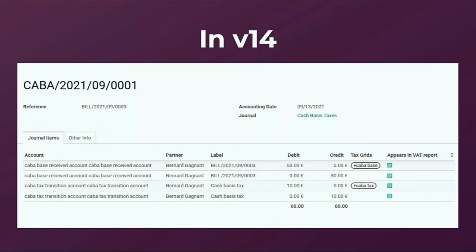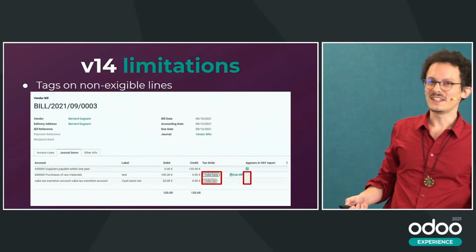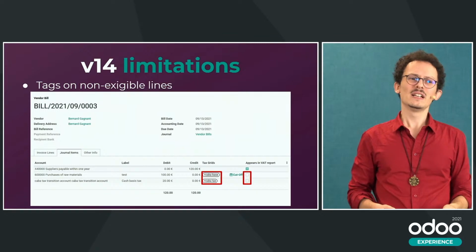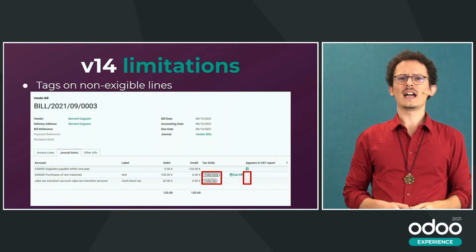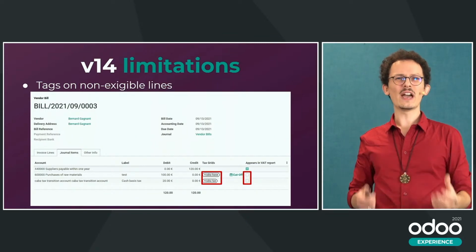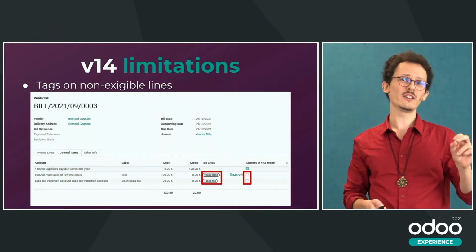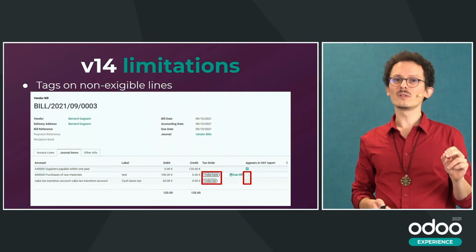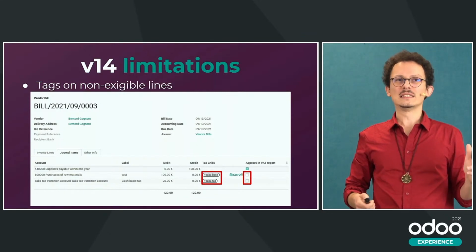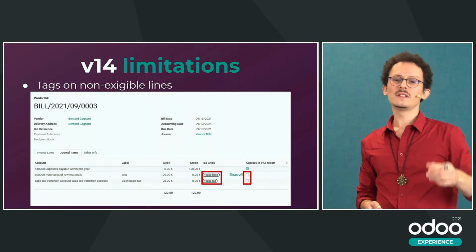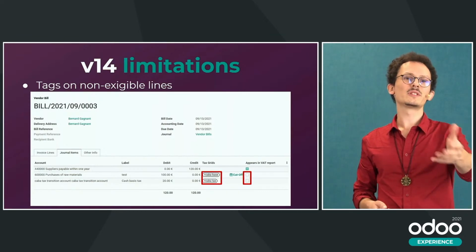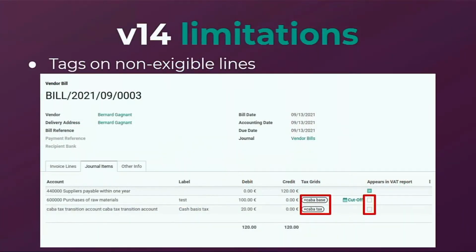And maybe we can do better than that, because there are limitations with that. Let's have a look first at the tags. The tags are set on every line, both on the invoice and the cash basis move. So it means that you're setting tags on non-exigible lines. Do we want that? It's kind of confusing, because if you consider this invoice here, when the user is looking at that, I would expect him to think, okay, I see my tag on this account move line, so this means that the related tax report line will be impacted by this move line.